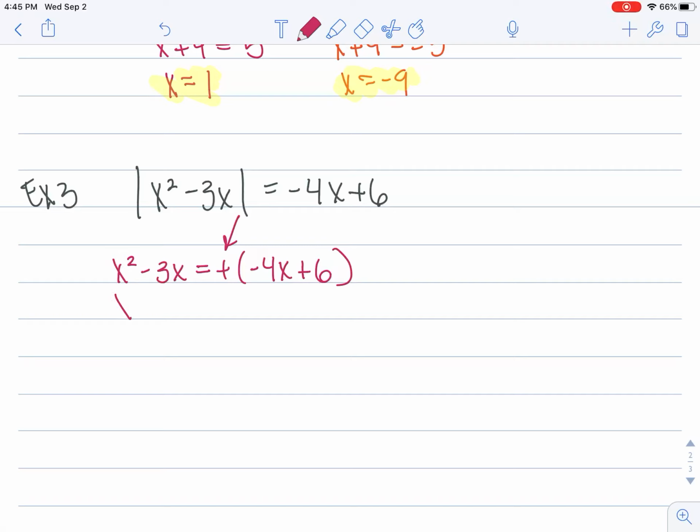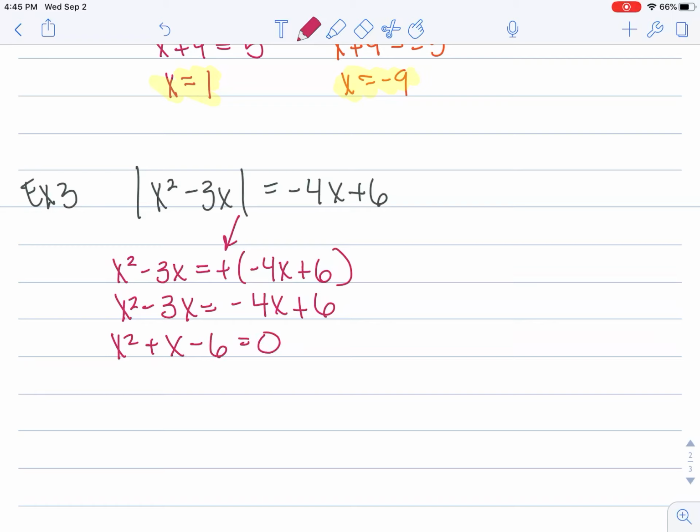So at this step, let's actually solve. So nothing changes on the right side, so negative 4x plus 6 when I distribute. Let's get it all equal to 0. So let's add 4x and subtract 6. So x squared plus x minus 6 is equal to 0.